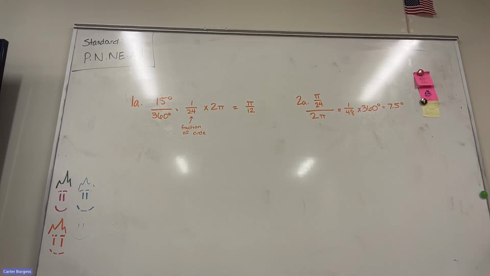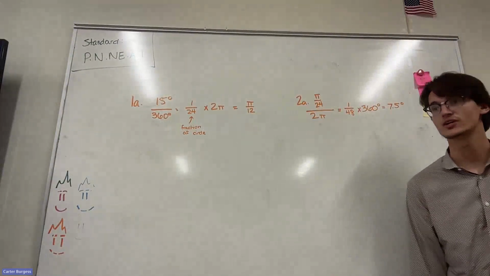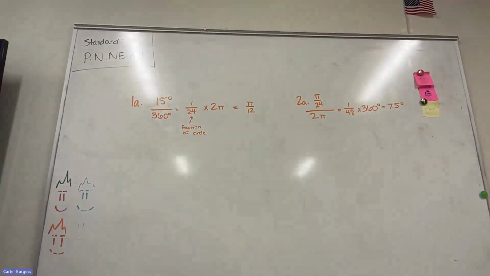Oftentimes, I will ask you to give me an exact answer, which will require us to be able to work through this essentially without a calculator. So that can be tricky, but ultimately, I think this methodology lends itself pretty well to it.